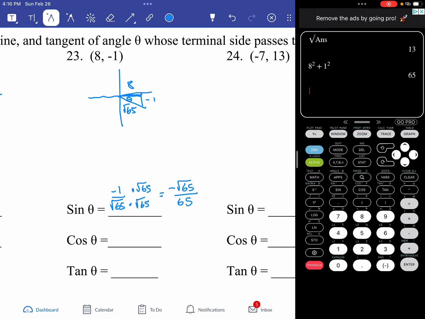For the cosine, adjacent over hypotenuse is going to be 8 over the square root of 65. Like before, we can't leave it on the bottom of our fraction. So we will get 8 root 65 over 65. And finally, opposite over adjacent is going to be negative 1 over 8.